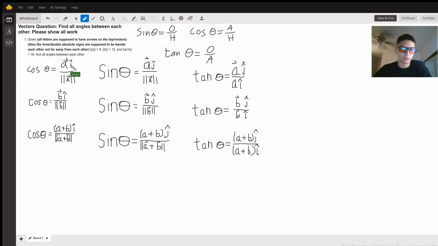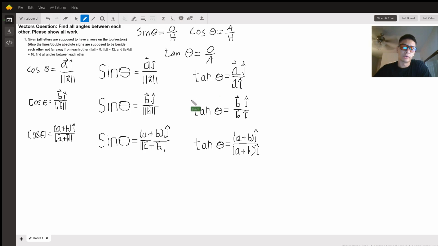So I've written here i hat for the i component, or the x component, if you will. And then sine theta is j hat, j hat for the y component. And then you have tangent theta is j hat over i hat.